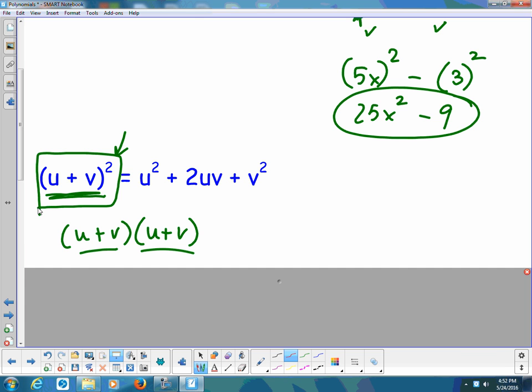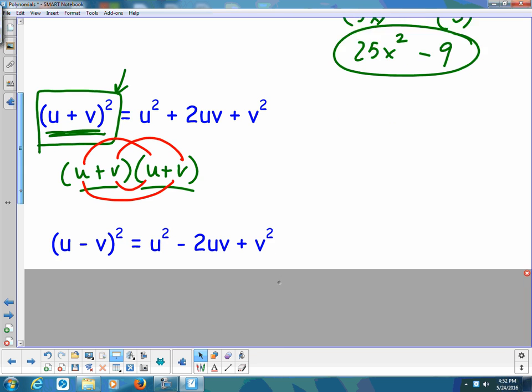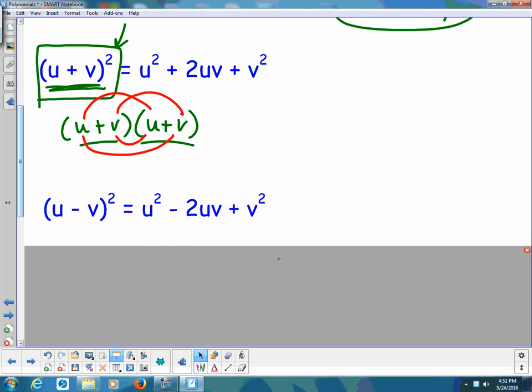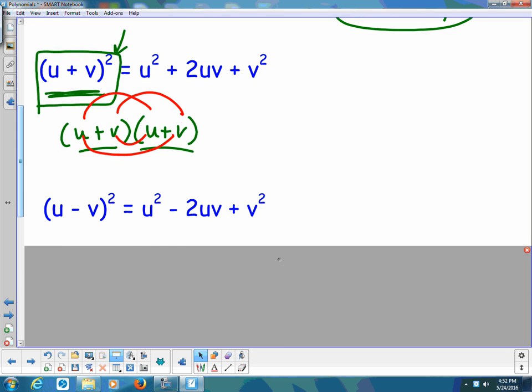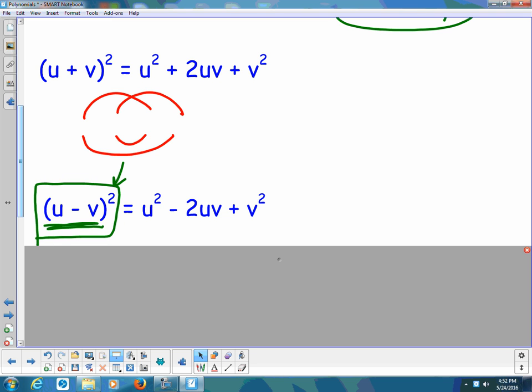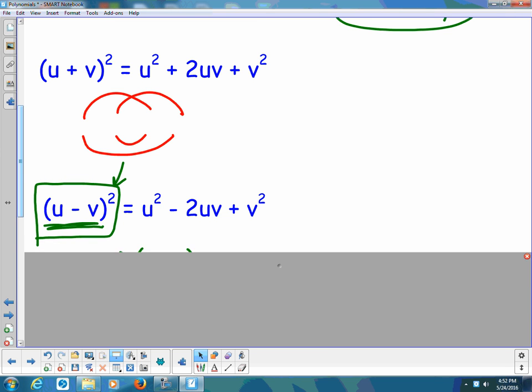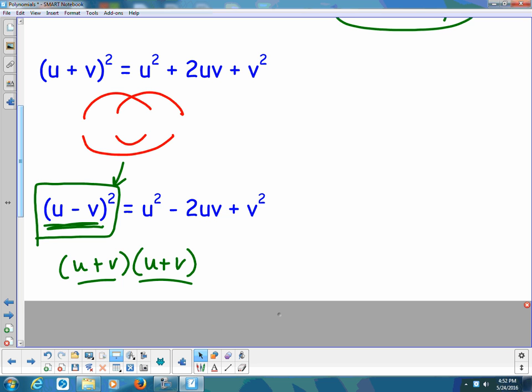So at this point, you could use FOIL, first, outer, inner, last, or you could just go to u squared plus 2uv plus v squared. All right, and likewise, we have another similar pattern that says (u - v) quantity squared. So if you have (u - v) quantity squared, that's the same thing as saying (u - v) times (u - v).